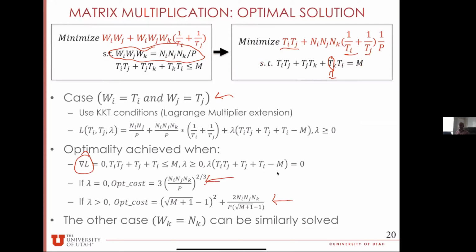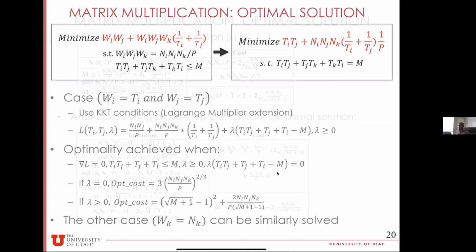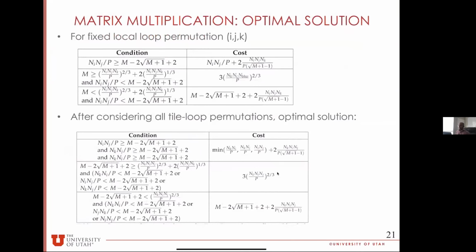The other case, Wk equal to Nk, can also be similarly solved. For a particular permutation, the solution is what is shown here. Then if we consider all possible tile permutations, we get the condition and the cost in this fashion. This corresponds to what in the literature is known as the 2D algorithm, the 3D algorithm, and the 2.5D algorithm for matrix multiplication.